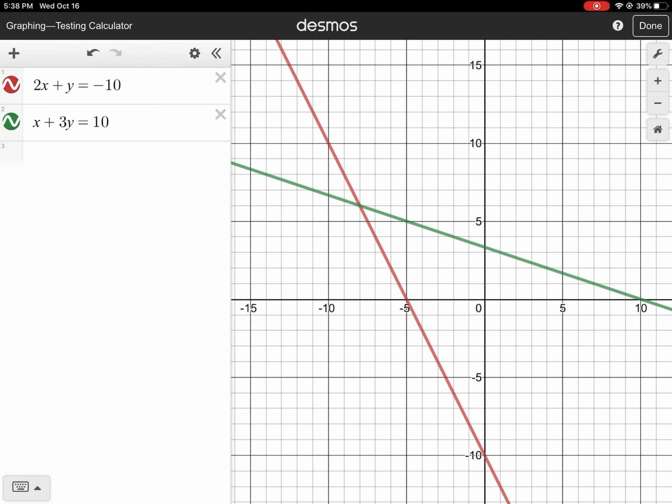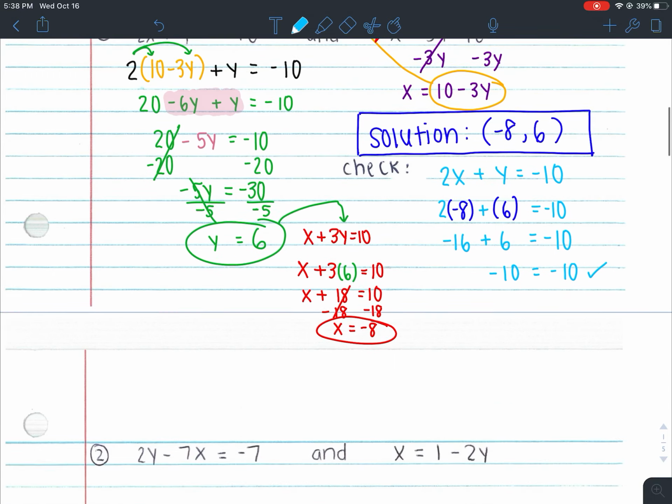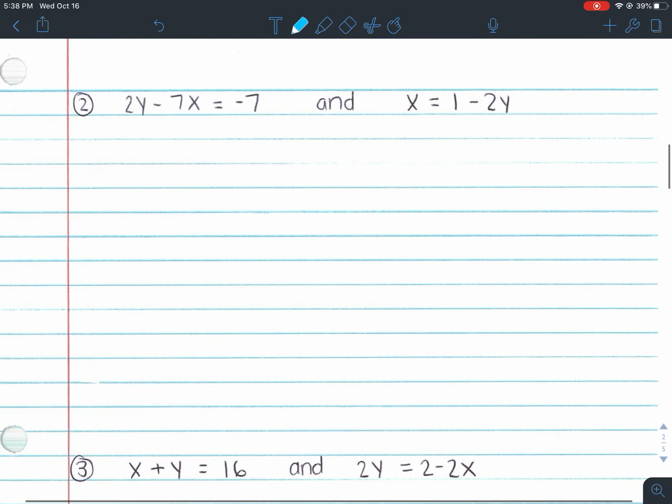Okay, so it graphed 2 equations for me. If I click on the part where they intersect, it pops up a gray point. And if I click on that gray point again, it gives me the solution, which is negative 8, 6. Is that what I got when I did substitution? Yes. So again, you can solve it many different ways. Substitution is the more mathematical approach to it.